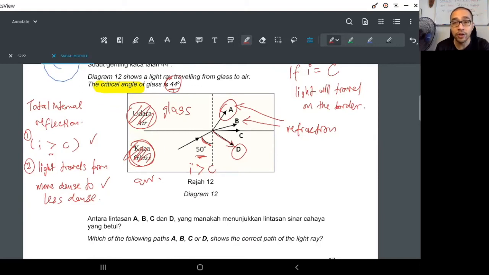If we combine that with the first condition, then you will be totally internally reflected. However, if the incident angle is the exact same angle as the critical angle, the light will travel at the border. Anything apart from this is just going to refract. So our answer for this question will be D.